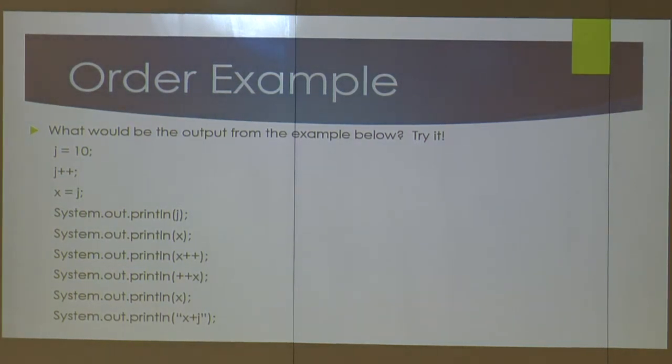So I'll let you guys look at this for a couple seconds, but you can see we have an initial value of j, and then we also introduce a value of x. And you can see that sometimes we're doing j++ or x++, but sometimes we're doing ++x. So you can think about when that would actually be evaluated and how order of precedence happens with that.